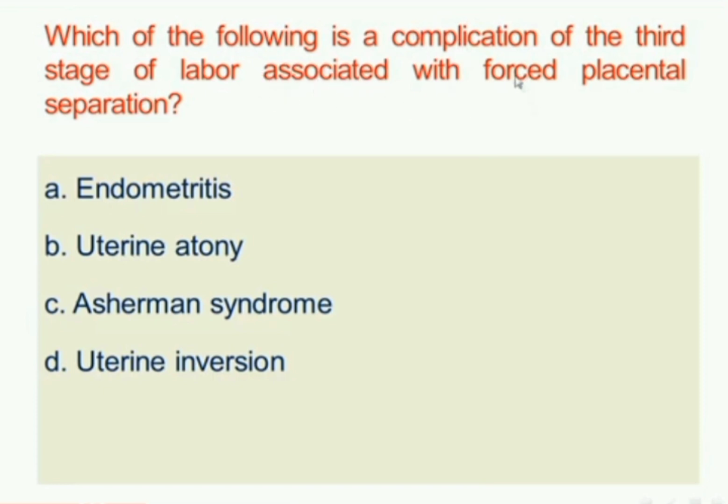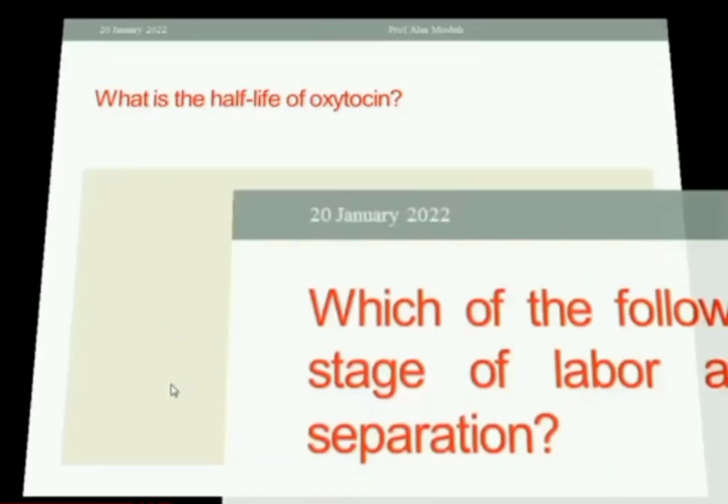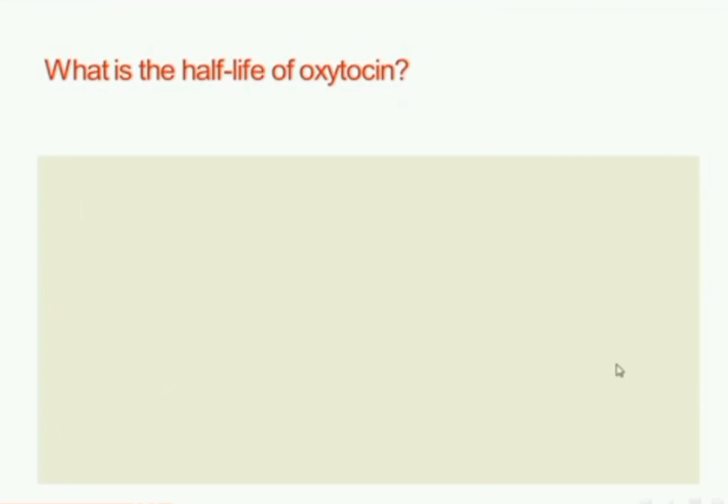And in this regard, the rest of the options, endometritis or uterine atony, although uterine atony is a complication of the third stage of labor, it's not associated with forceful separation of the placenta. So uterine inversion is actually associated with the forceful removal of the placenta.